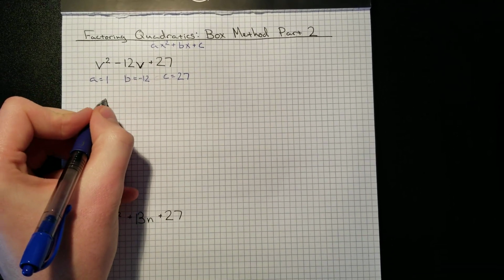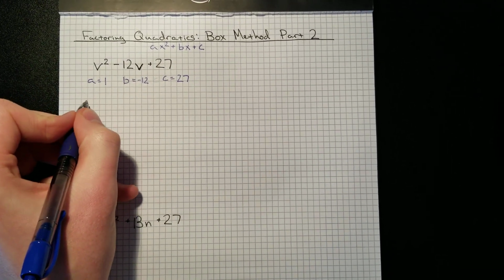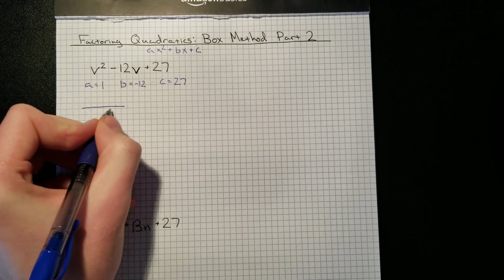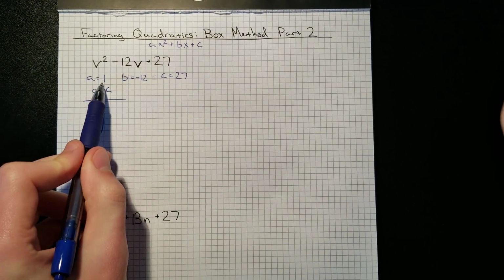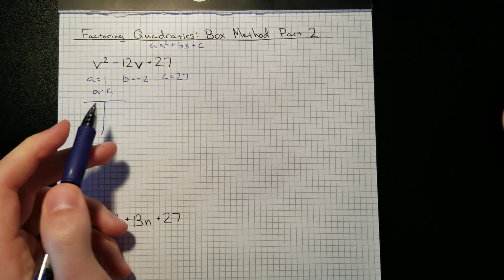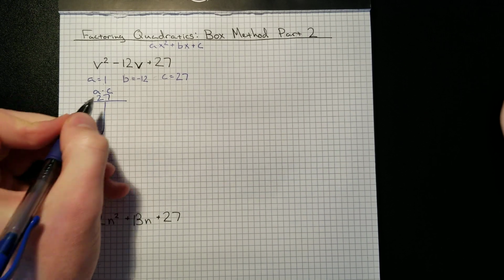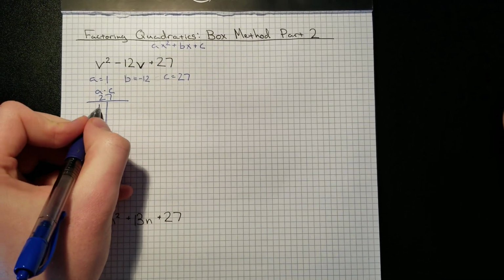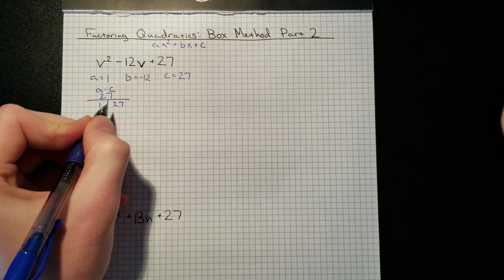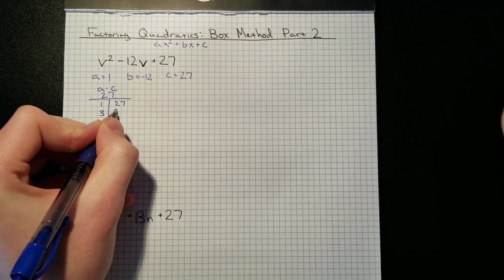The next thing we want to do is take a times c and make a table out of it. Here, 1 times 27 is 27, so we're going to try to figure out the factors of 27. That could be 1 times 27, or 3 times 9.